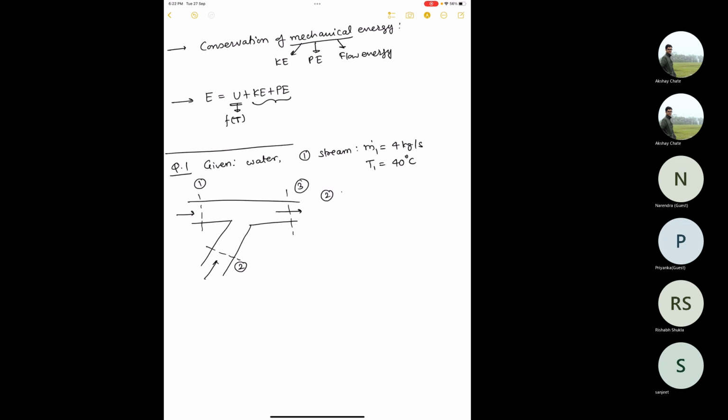For the second stream, which is also an inlet, m dot 2 is 6 kg per second, and the temperature is 100 degrees Celsius. I know some of you may say that water will boil at 100 degrees Celsius, but for this discussion, don't go there. Just follow the data. It was given.